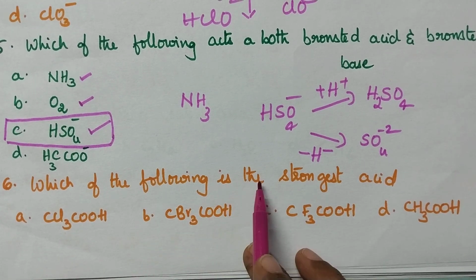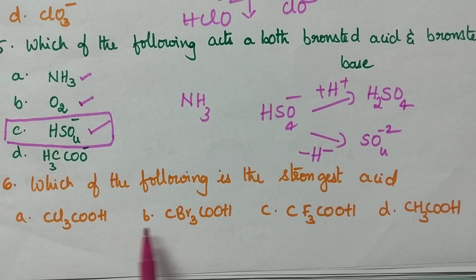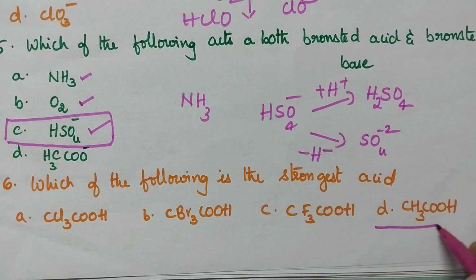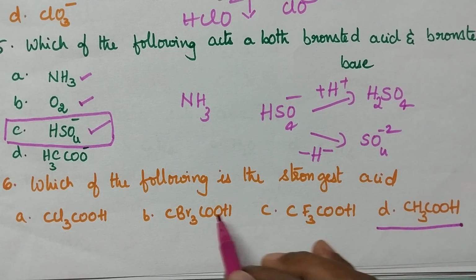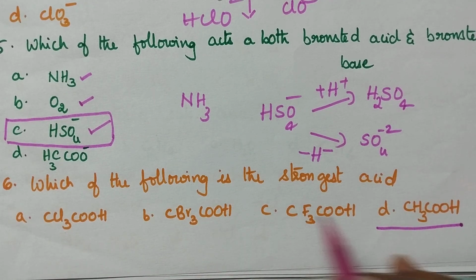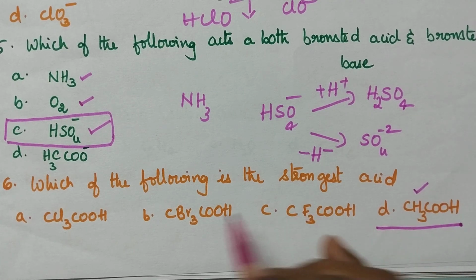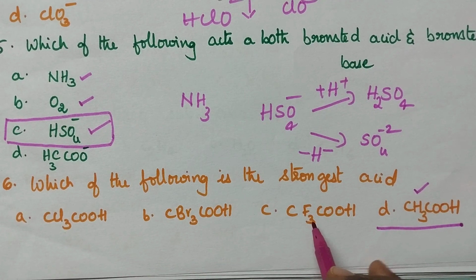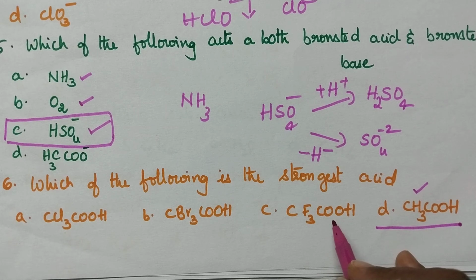Which of the following is the strongest acid? When you carefully observe the given options, here acetic acid is given. So it is a weak acid. But when you carefully check the other options, the only difference is 3 hydrogens are replaced by the halogens. Whenever halogens are present in the given acetic acid, then what happens?